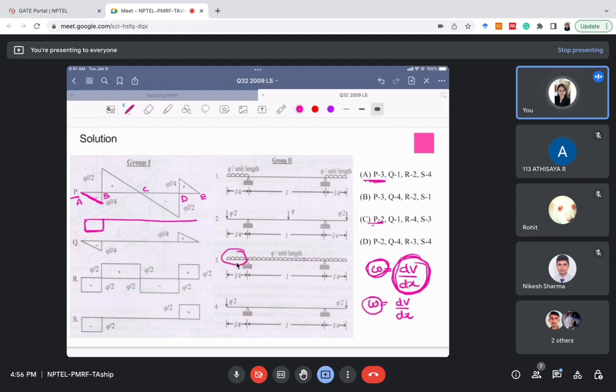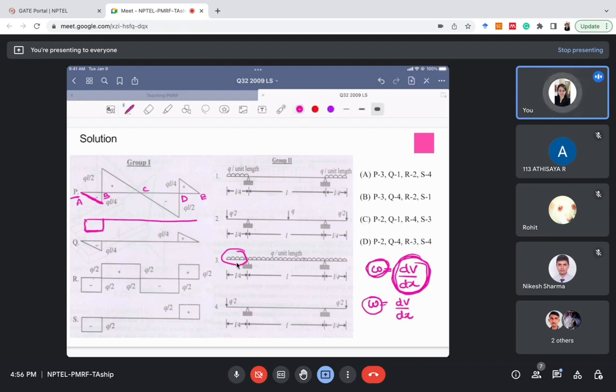For the first option also, we have negative and constant loading, but in our options, P does not match with 1. If in some option it were P1, then we would have to analyze the first option also. But we are not analyzing the first option because P only matches with either 2 or 3. I hope it is clear.